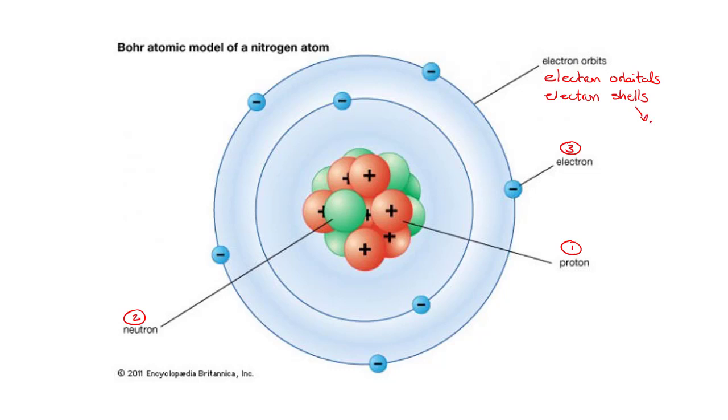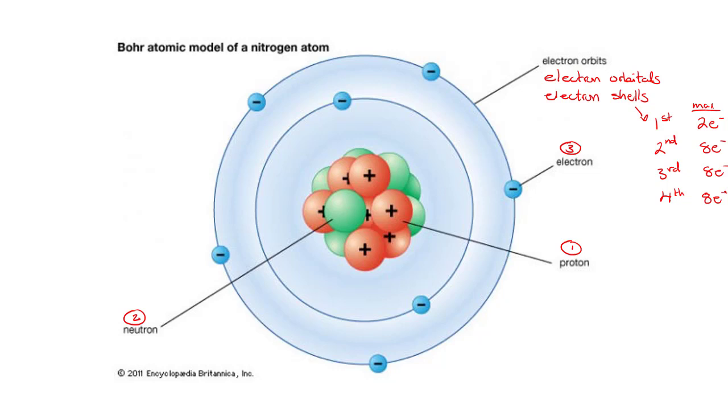So the first shell outside your nucleus has a maximum number of 2 electrons. Your second shell or orbital has a maximum of 8. Your third shell from the nucleus has a maximum of 8, and your fourth shell from your nucleus also has a maximum number of 8 electrons.